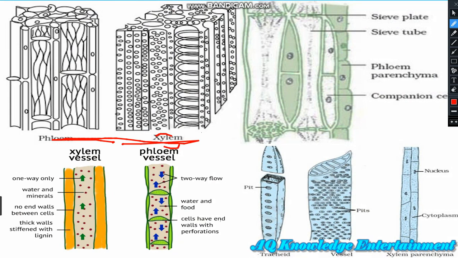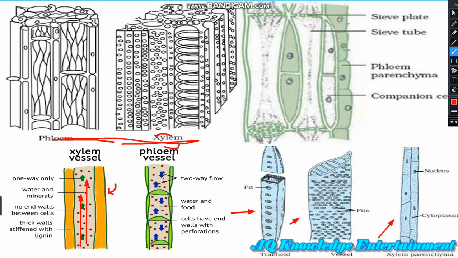Now here you can see at this side, in this picture, the water and minerals go only from down to up. Now I have told you the reason earlier. Now you can see here are the tracheids, vessels and xylem parenchyma. So here you can see the structure of tracheids, vessels and xylem parenchyma. Okay, so I hope you saw that.